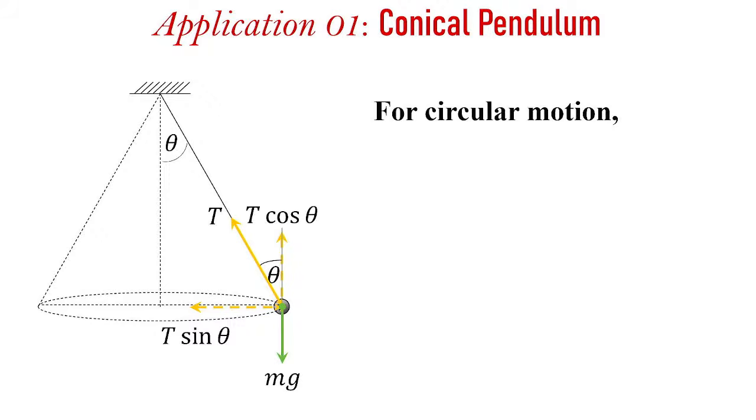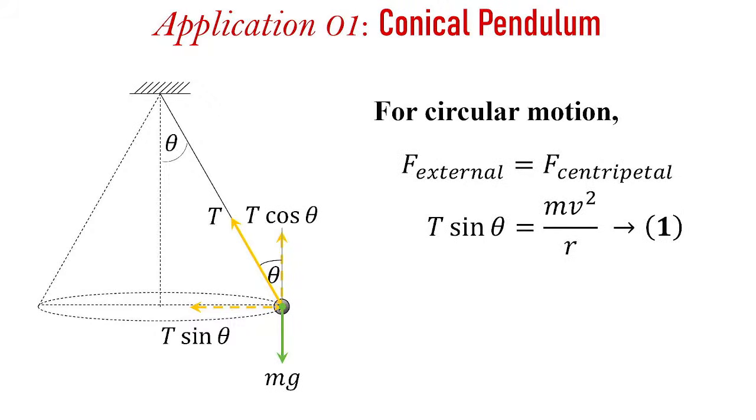Now tell me how to write that idea in one word, one sentence, one equation. m r omega squared equals T sine theta. Very good. Simple. You can also write m r omega squared or m v squared over r. I don't care about that. That depends on the data given. So simple.